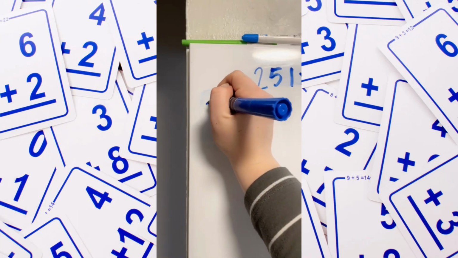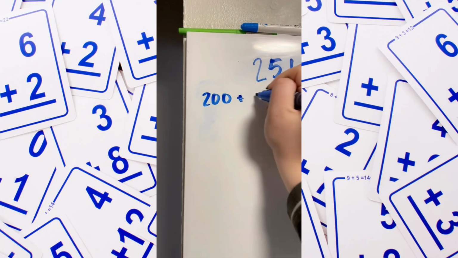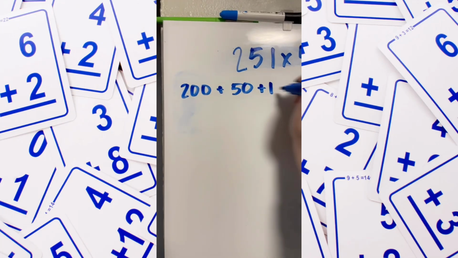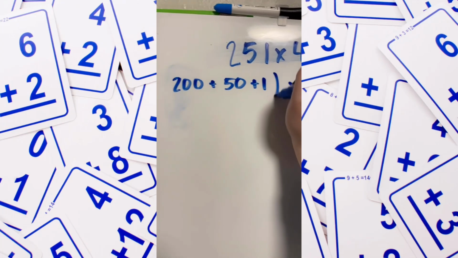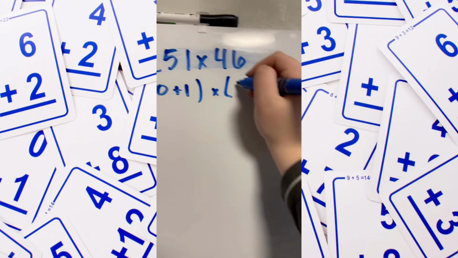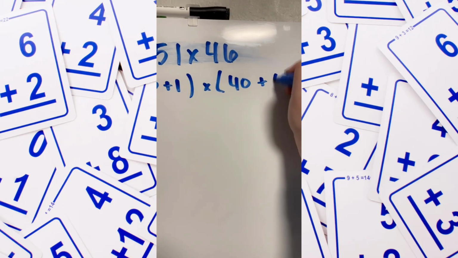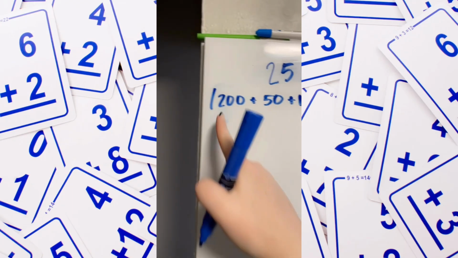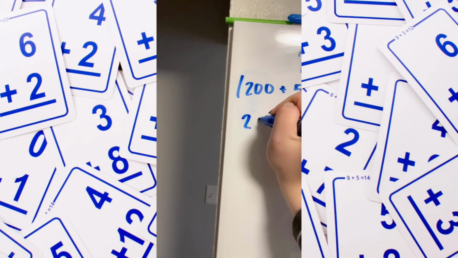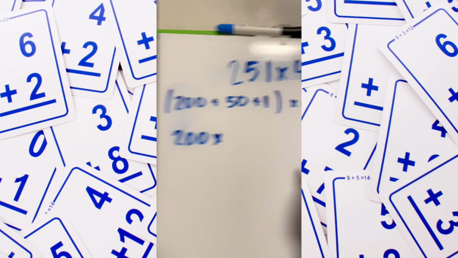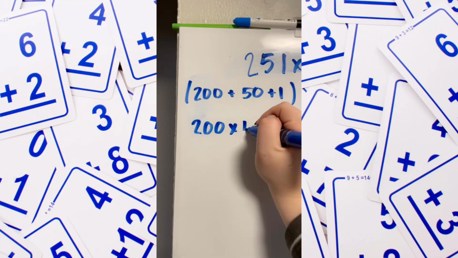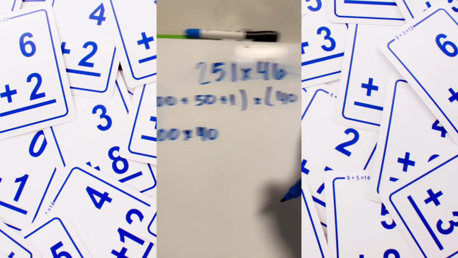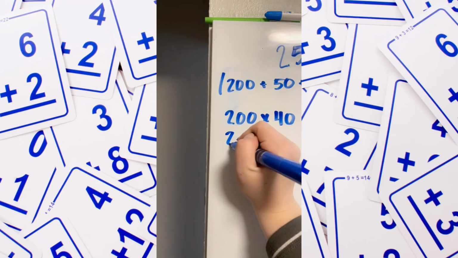So I've got 200 plus 50 plus 1 times 40 plus 6. Now, I need to multiply 200 times 40 and 200 times 6.